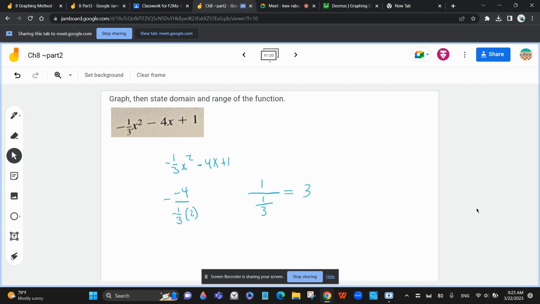Yeah, so you can factor out the 2 first, and then you have 6 as a result. Yeah, 6. Negative 6.